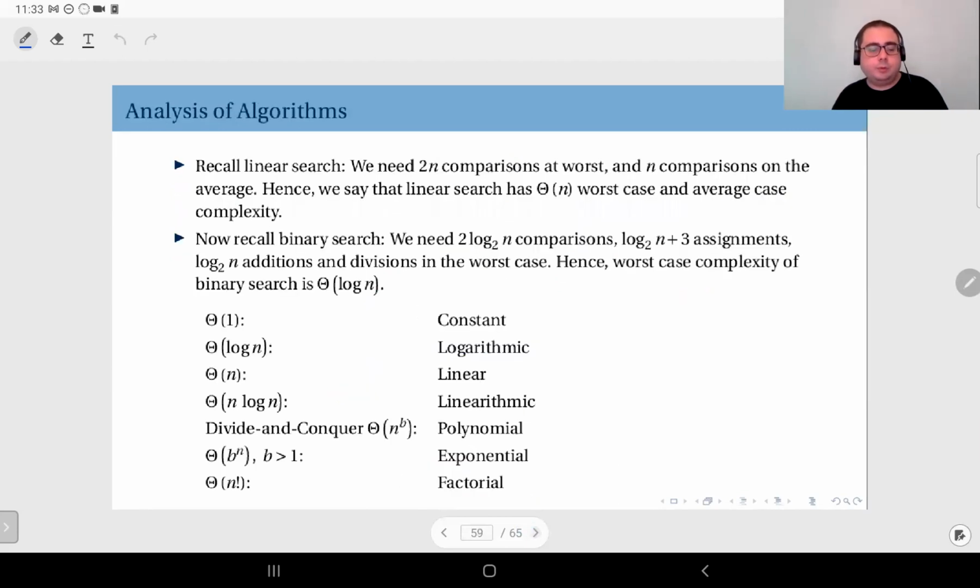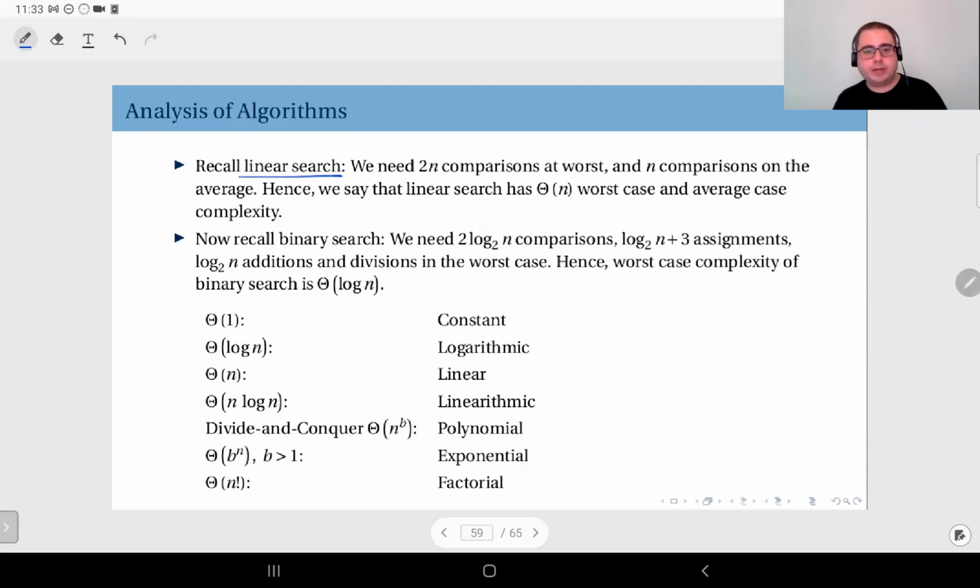This is useful when we talk about analysis of algorithms in the context of performance. For instance, we have talked about the number of operations required to be executed to conclude the algorithms. Recall the linear search.